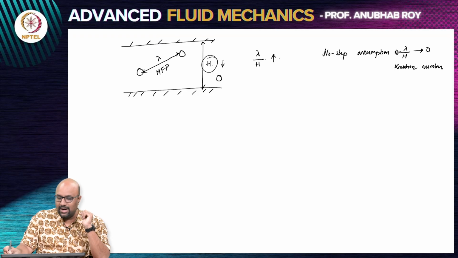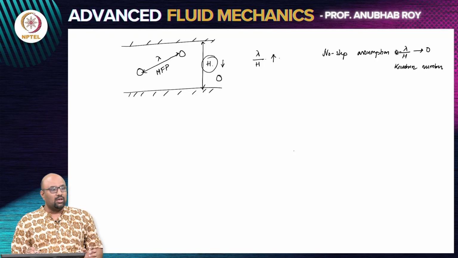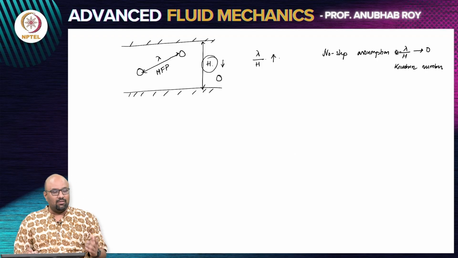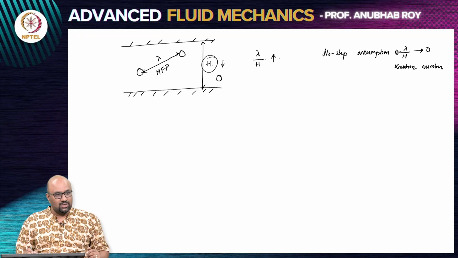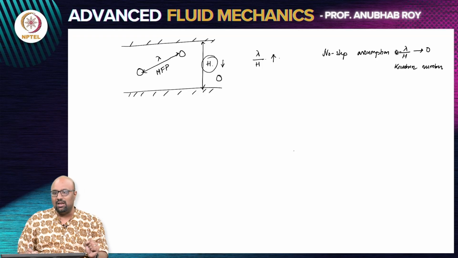So when you do kinetic theory, when you treat all of these as molecules and try to arrive at your governing equation, you will also be arriving at your boundary condition. And the no slip boundary condition is the first order approximation, which means that there are corrections that you are going to get based on the mean free path. So what kind of corrections would you get?